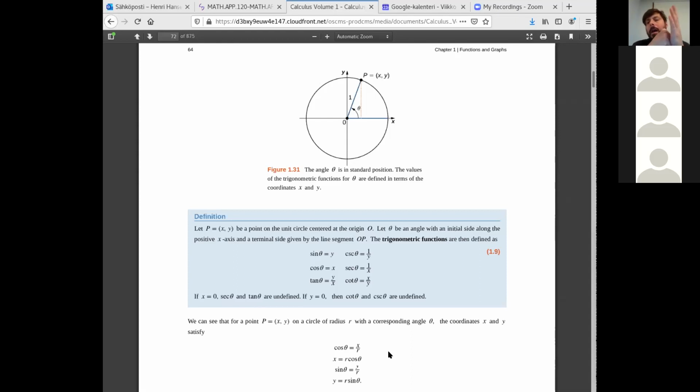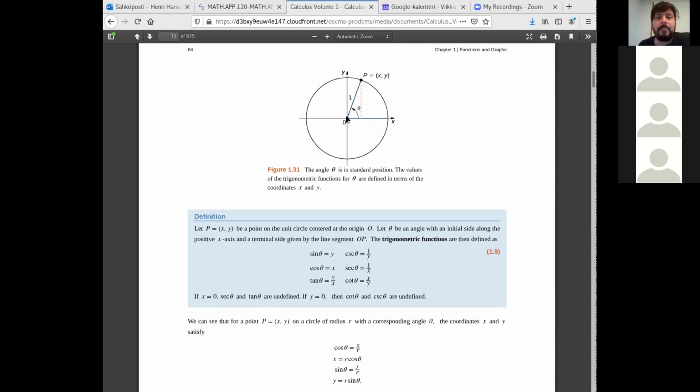There is, however, one formula which I would want you to completely and utterly remember, not by heart, but just understand because of the way this is defined. If we are talking about every point on this circle, and like I said, this is the unit circle, the unit circle points are those points which are exactly at distance 1 from the origin.